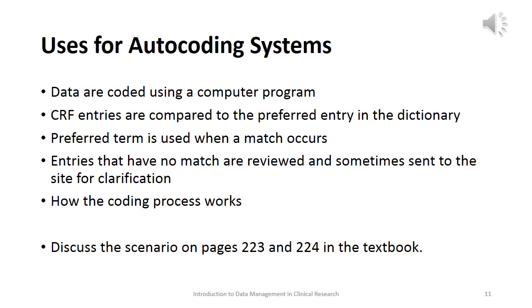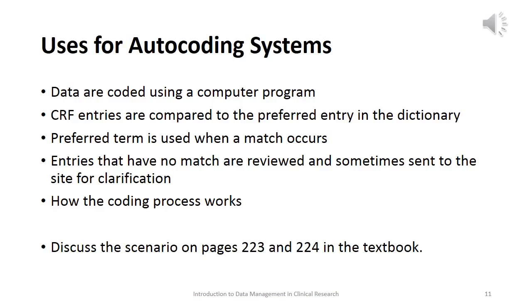So what we want to talk about next are the uses of autocoding systems. These are computer programs that code data into our database. And they work very similar to the way you would use, say, a dictionary in Microsoft Word or a spell checker.